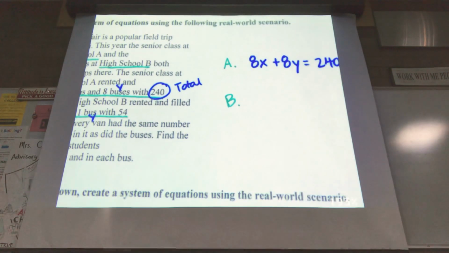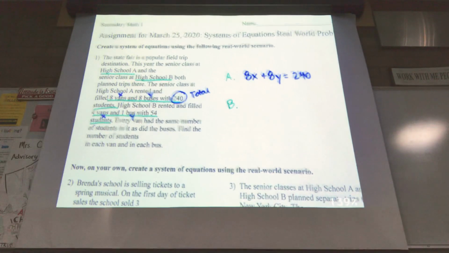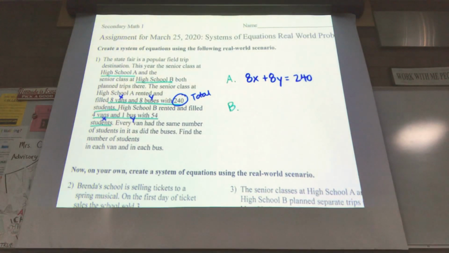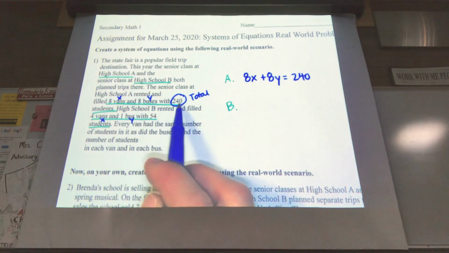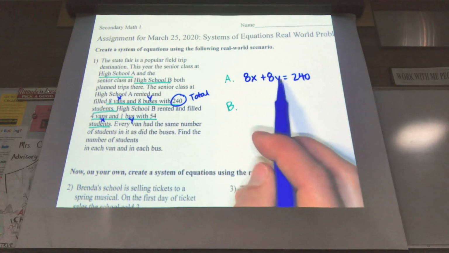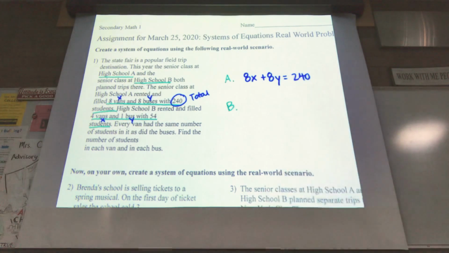Okay, I'll zoom it out a little bit for you guys so you can see exactly where I'm getting this. Okay, so there's my high school A. That's it. Okay, we just came up with our equation for high school A. High school A rented 8 vans, 8 buses with a total of 240 students. 8 vans plus 8 buses, total of 240 students.